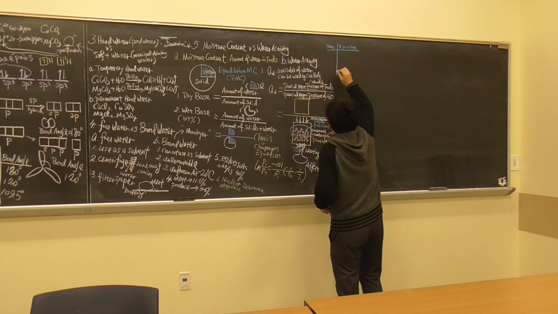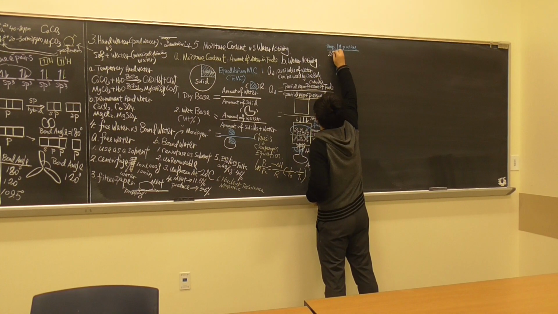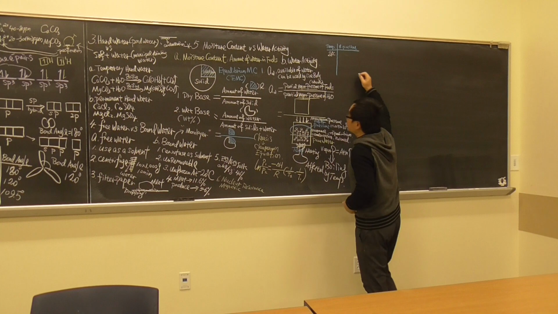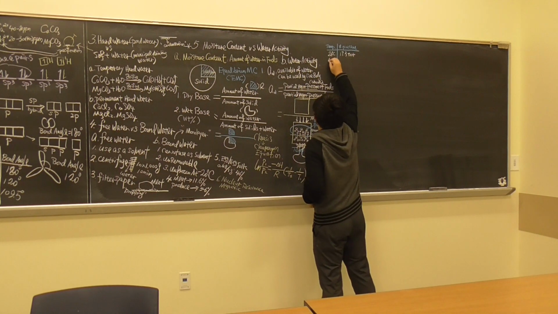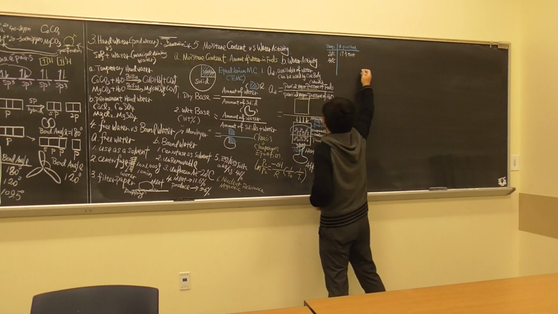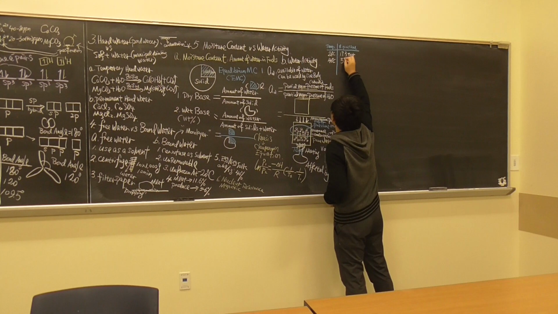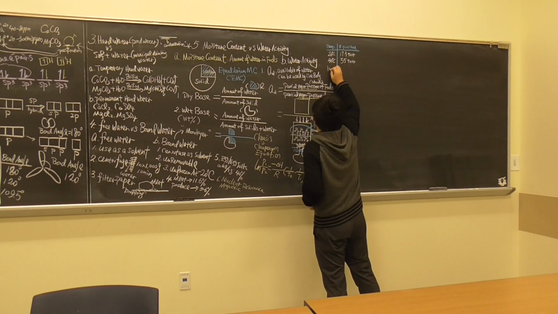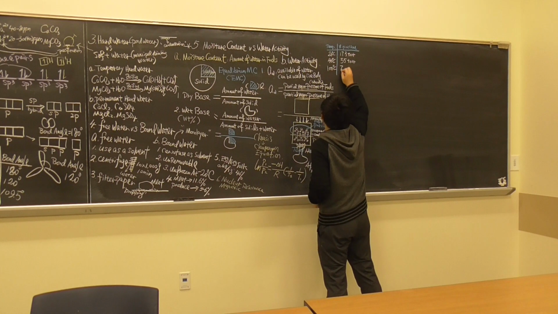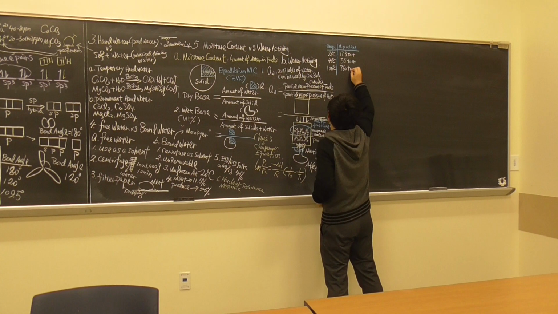If the temperature is 20 degrees Celsius, what's the vapor pressure? 17.3 torr. If it's 40 degrees Celsius, 55 torr. If it is at 100 degrees Celsius, 760 torr.